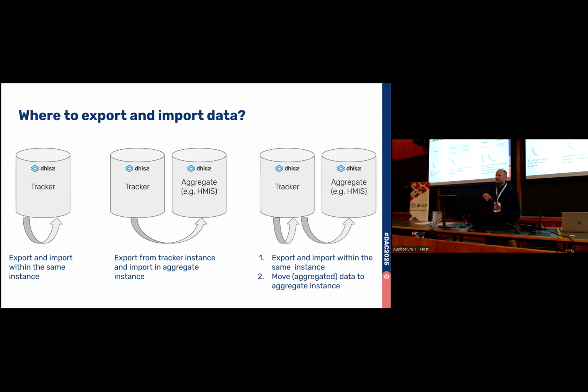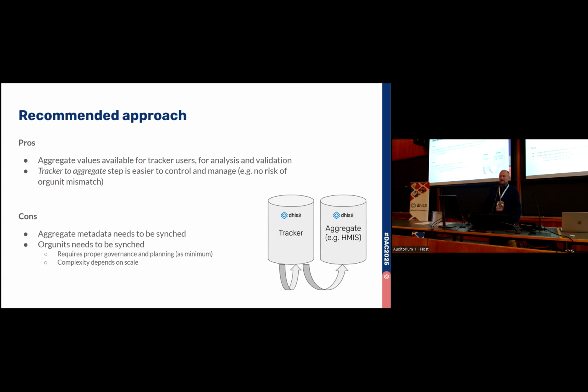In terms of the data exchange service, it supports both options. It allows you to do the aggregation within one instance or to push the data directly to a different instance. Both are doable. In general, we recommend doing the aggregation first in the tracker instance for a couple of reasons.